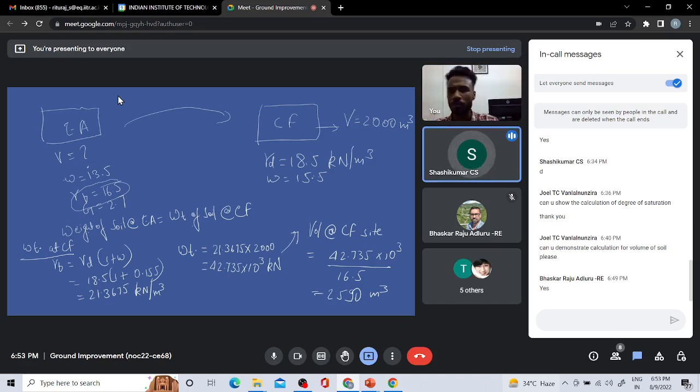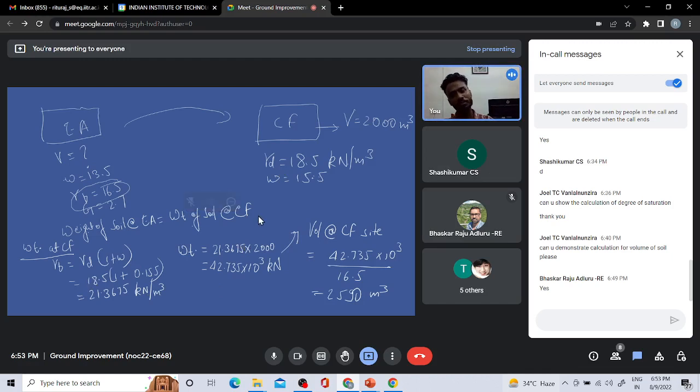The gamma bulk of the excavation area is different, and the gamma bulk of the compacted area is different, no? So with that gamma bulk, first I calculated the weight at the compacted field site.